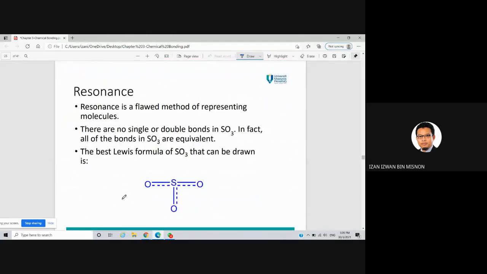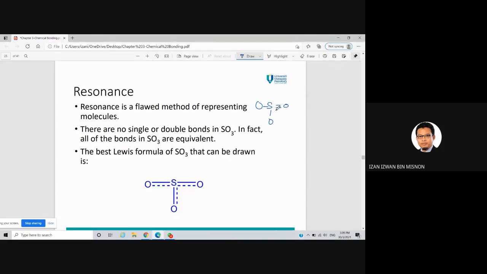Resonance is a flawed method of representing the molecule, meaning that there are actually no single or double bonds in SO3. So writing up SO3 like this is just to easily explain the structure of SO3.